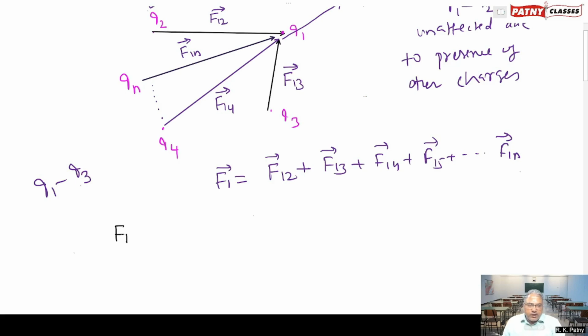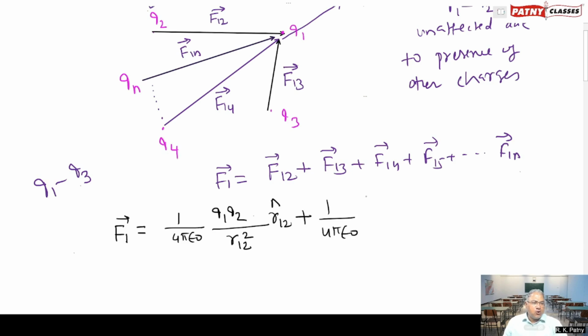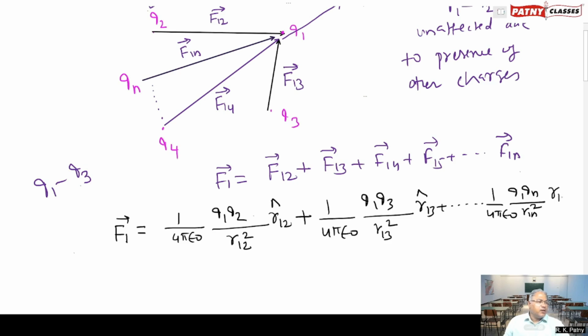Therefore, vector F1 equals 1 upon 4 pi epsilon naught Q1 Q2 divided by R12 square times R12 cap, plus 1 upon 4 pi epsilon naught Q1 Q3 upon R13 square multiplied by R13 cap, plus and so on, 1 upon 4 pi epsilon naught Q1 Qn upon R1n square multiplied by R1n cap.